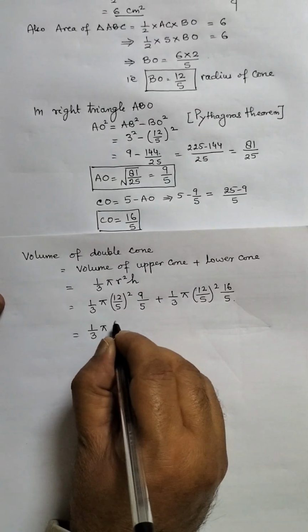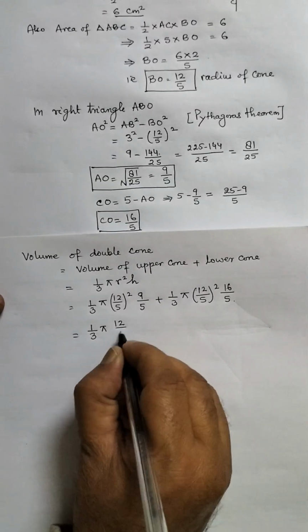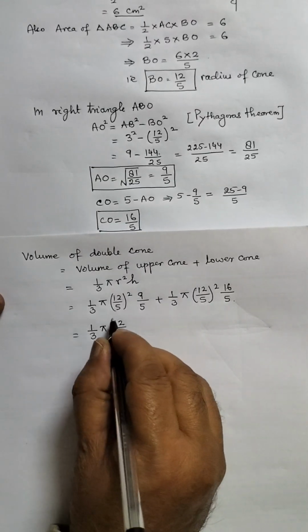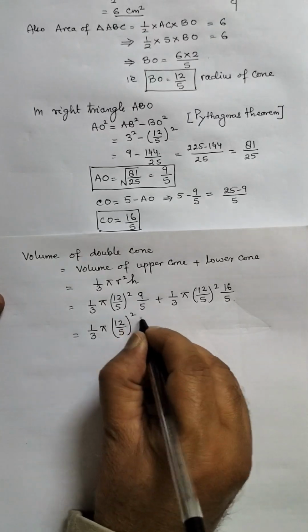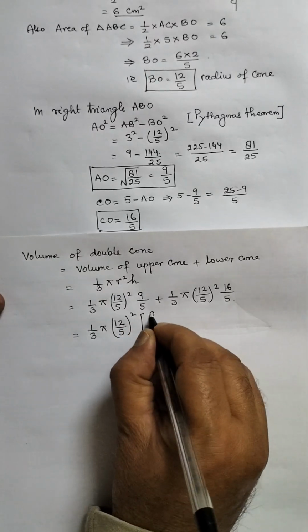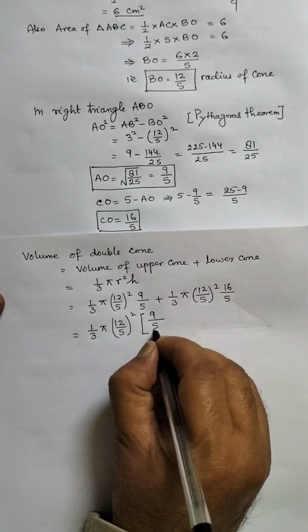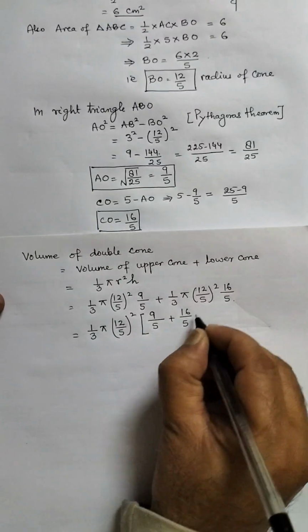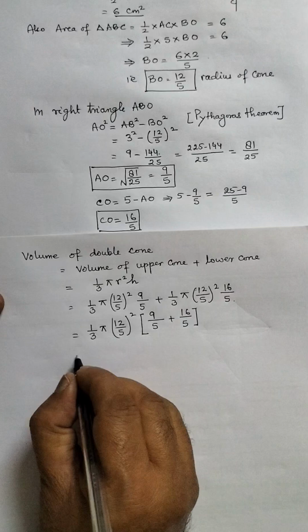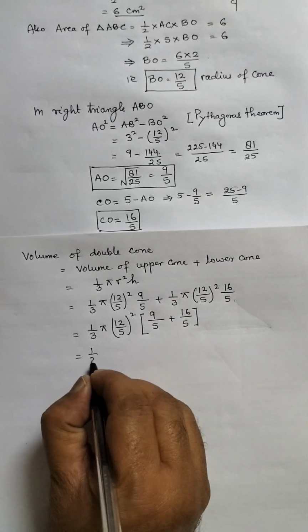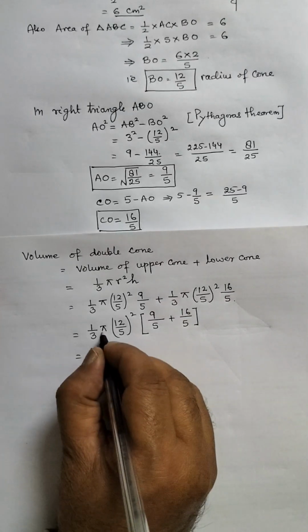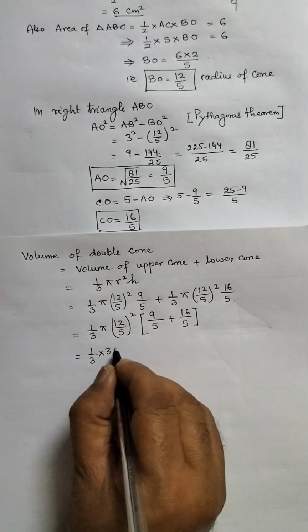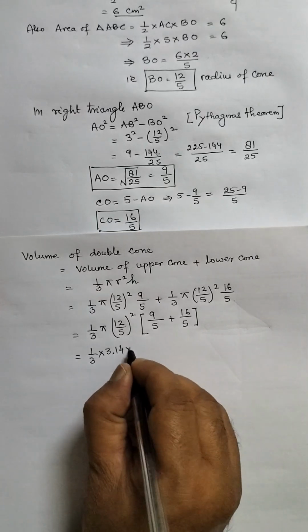π (12/5) squared common, and we are left with 9/5 plus 16/5. Further solving it, 1/3, let's take π as 3.14.